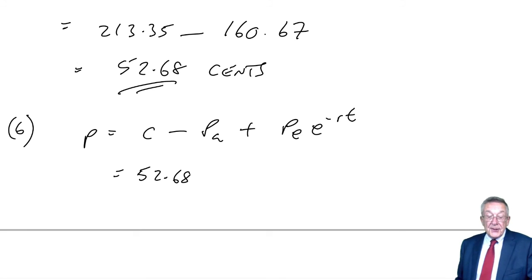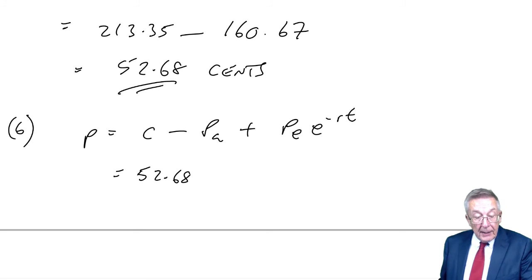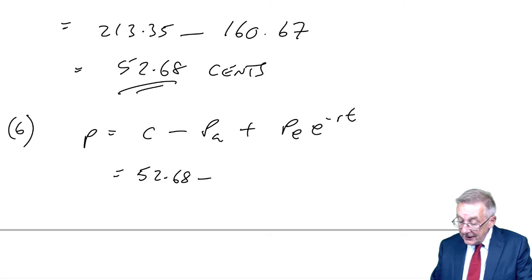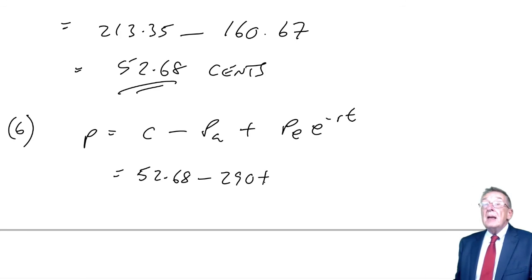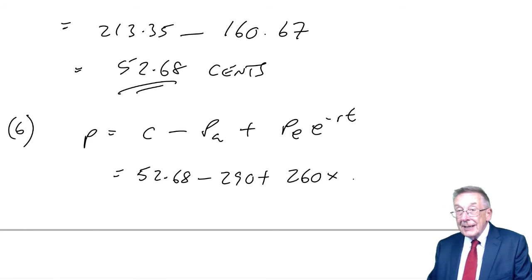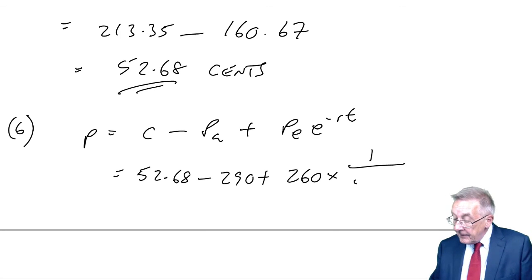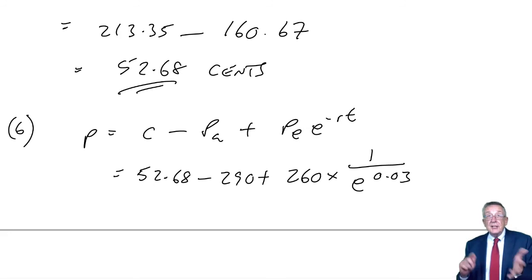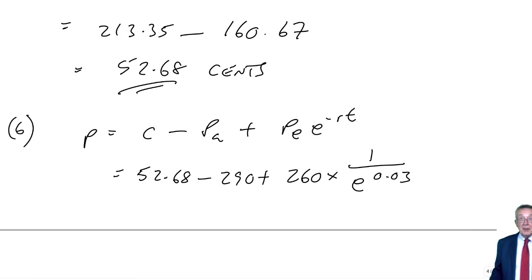It's minus the current share price, PA, which is 290, plus the exercise price, PE, which is 260, times, well, again, 1 over, if you want to do it this way, e to the power 0.03. E to the negative power is 1 over e to the positive power.